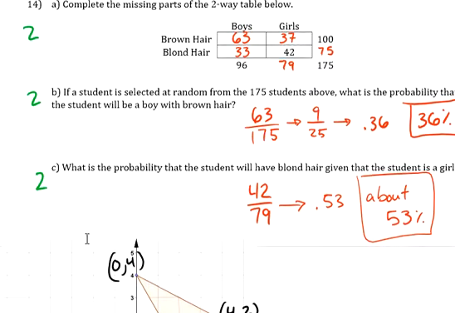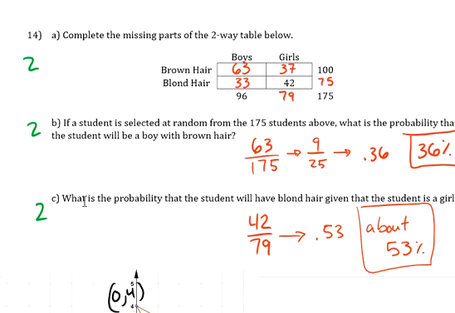And the final question there is, what is the probability that a student will have blonde hair given that the student is a girl? So this is a restriction right here. I'm given that the student is a girl, so I'm looking at this group only. And blonde hair was 42 out of the 79.